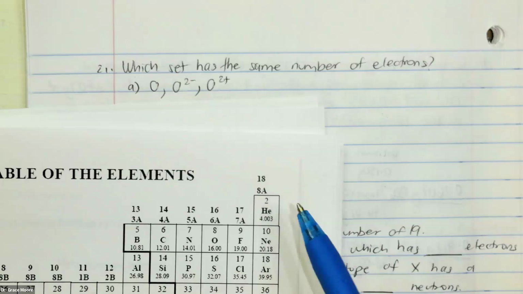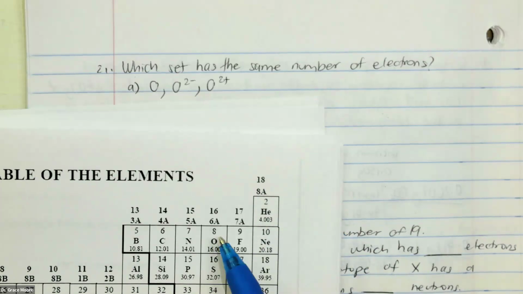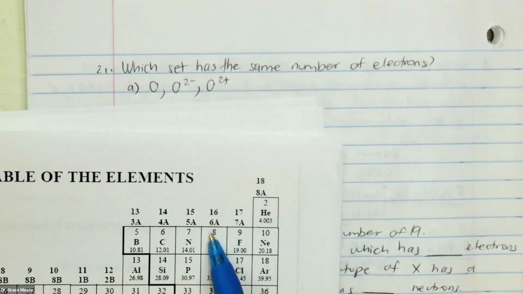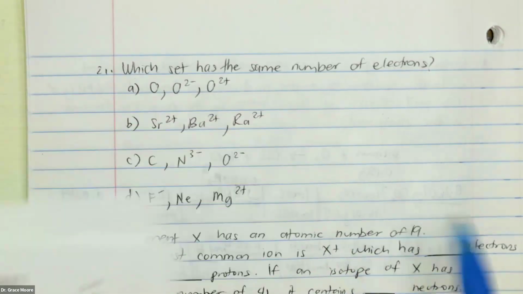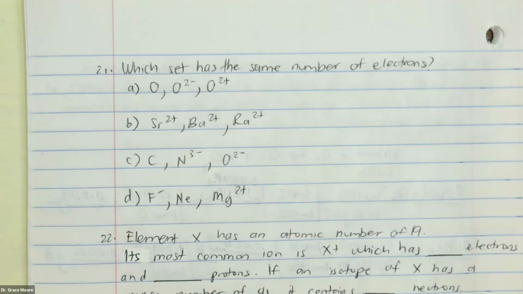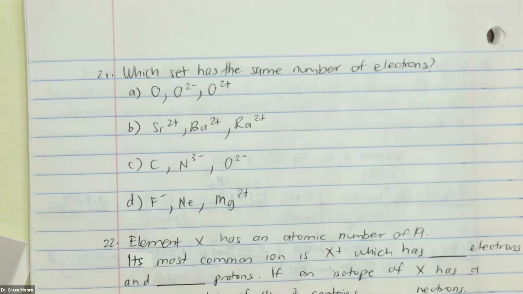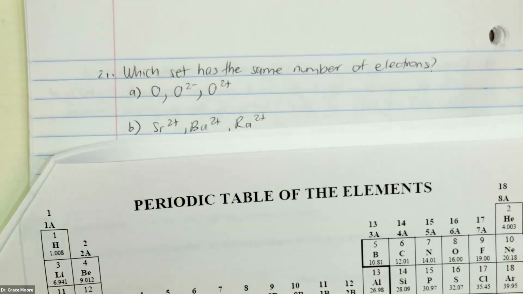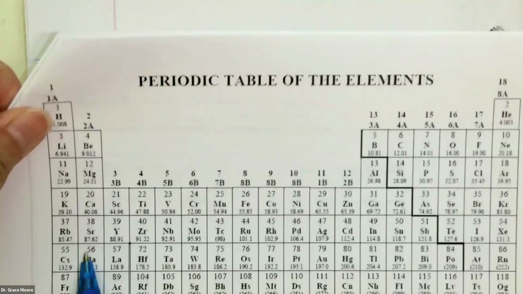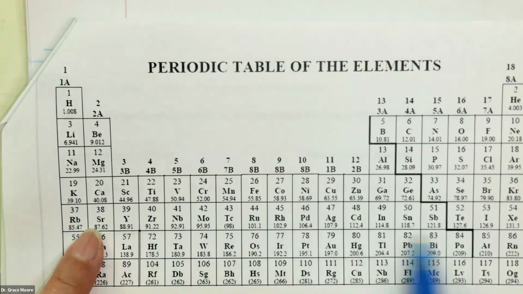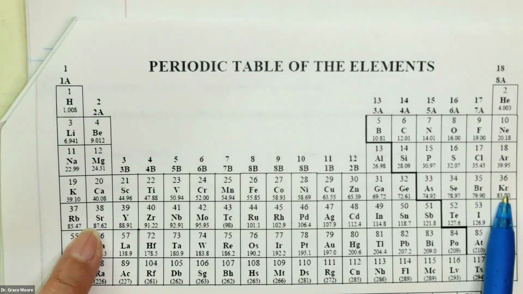What do they have the same of though? They have the same number of protons, because it's oxygen, oxygen, oxygen, and oxygen will always have 8 protons. So that's not the correct answer. And then you look at Sr2 plus. What does Sr2 plus look like? Strontium is number 38. If you lose 2, you will get to 36 electrons.